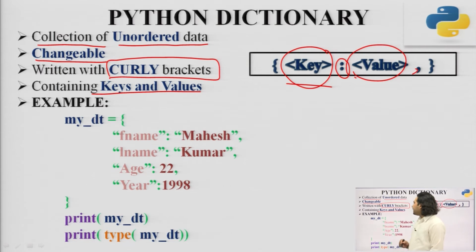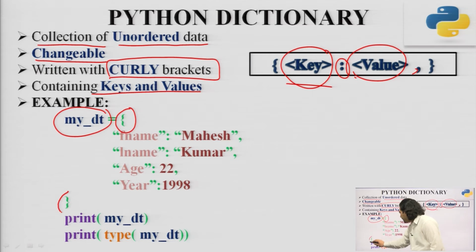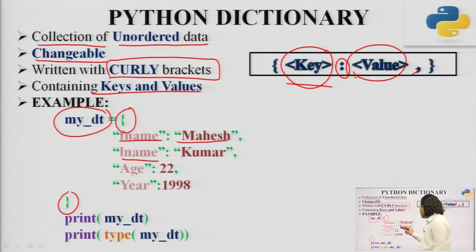So, in the dictionary data type, the two important properties are: the very first is that it is within curly braces, and the second is that it holds key value pairs. Now, look at the example. We are going to create a variable my dt, and in it we have put curly brackets. In these curly brackets you can see f name followed by Mahesh, similarly L name followed by Kumar, age 22, year 1998.